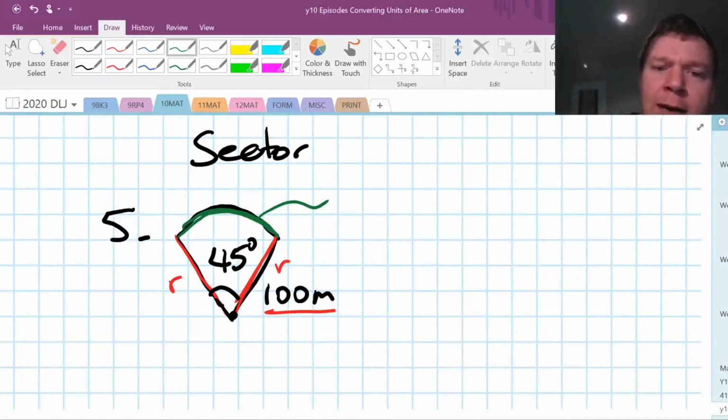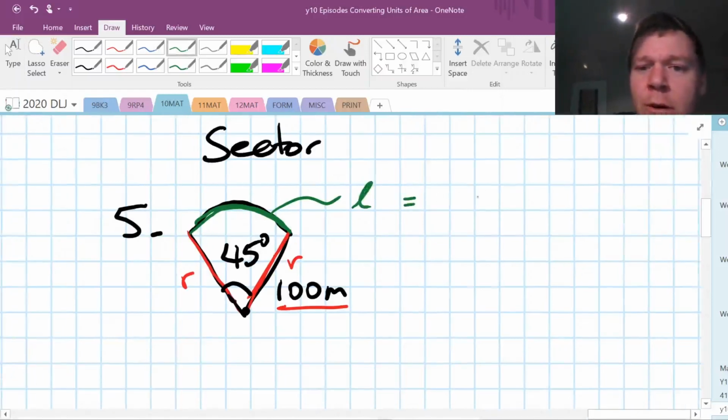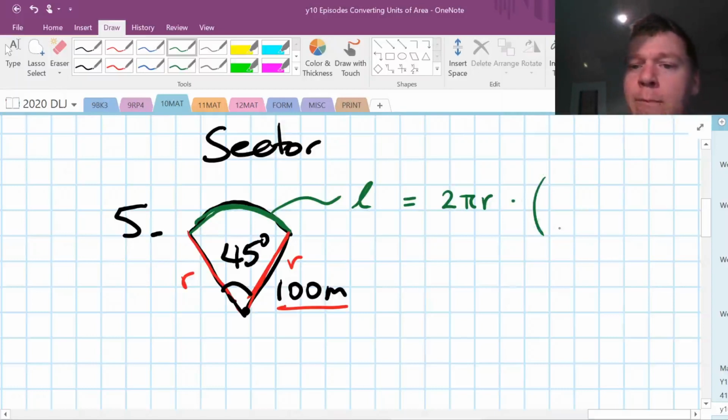So to get an arc, it's the same as your circle formula for circumference, 2 pi r, but then there's this extra little thing which makes it a proportion out of a circle.